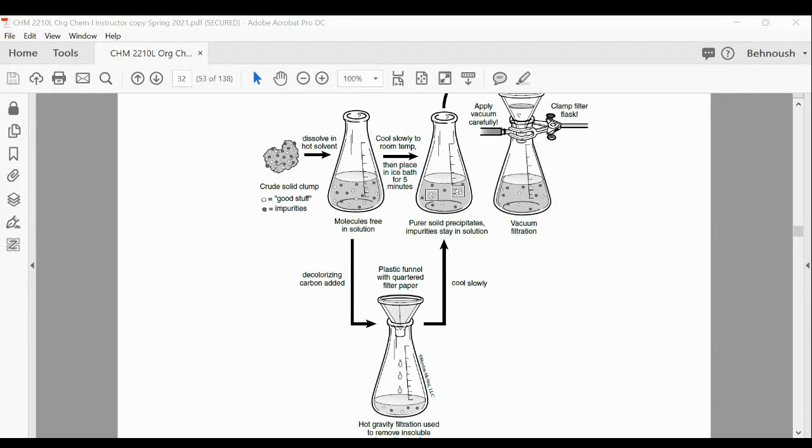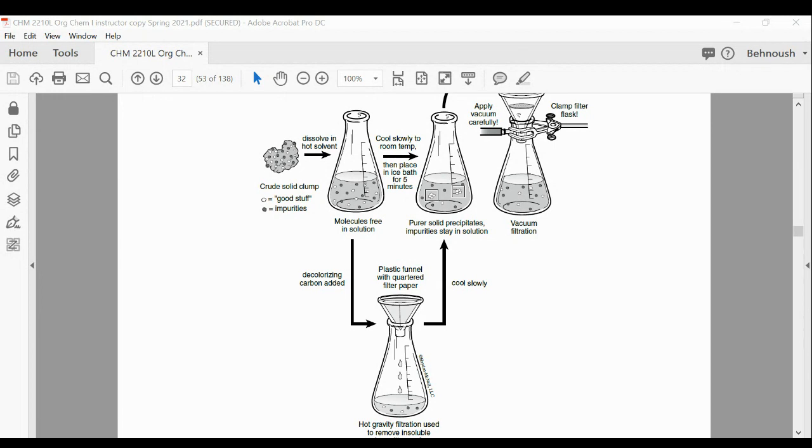Yes, your sample should dissolve at high temperature, but should not dissolve at low temperature in the proper crystallization solvent. But for impurities, you have two types. Either they are not soluble at high temperature, that means they don't dissolve at all, or if they dissolve at high temperature, they also stay soluble at low temperature.